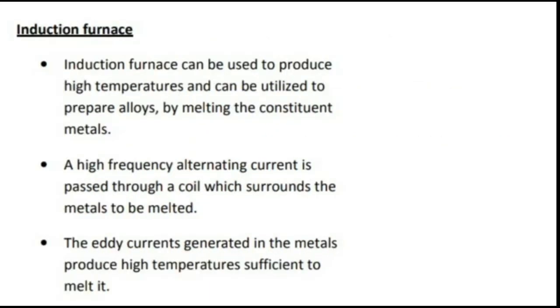Now, the induction furnace. An induction furnace can be used to produce high temperatures, and it can be utilized to prepare alloys by melting the constituent metals. A very high frequency alternating current, that means AC, is passed through the coil which surrounds the metals to be melted. The eddy currents generated in the metals produce high temperatures sufficient to melt them.